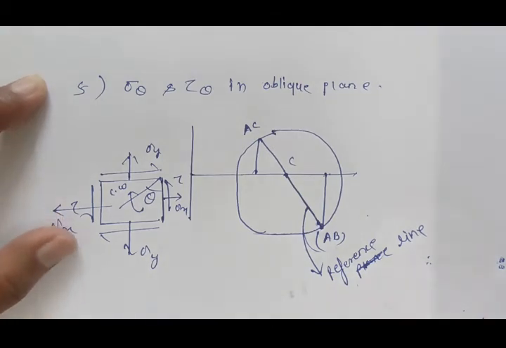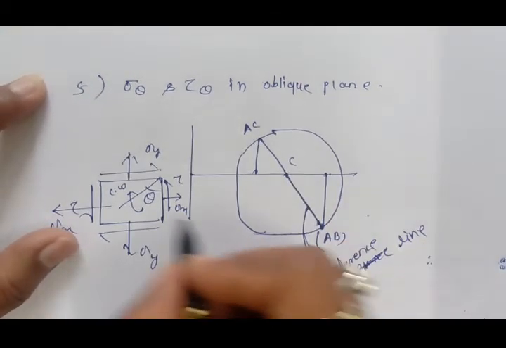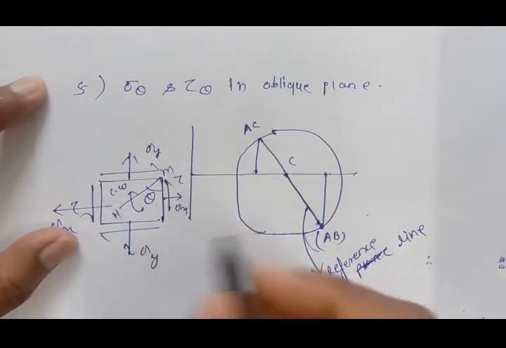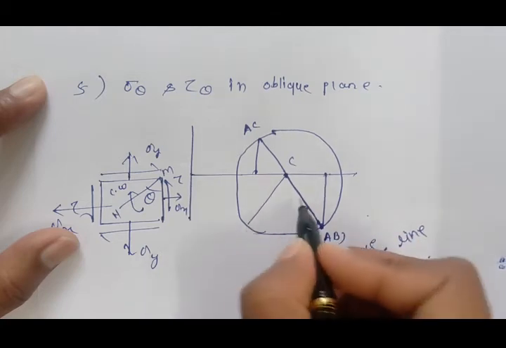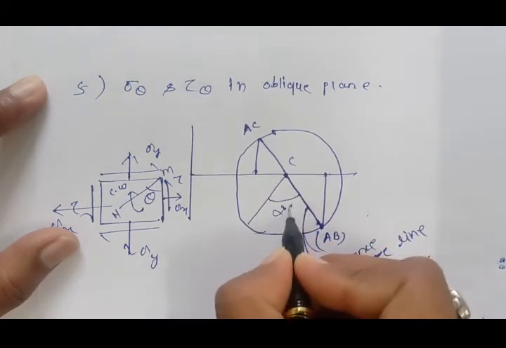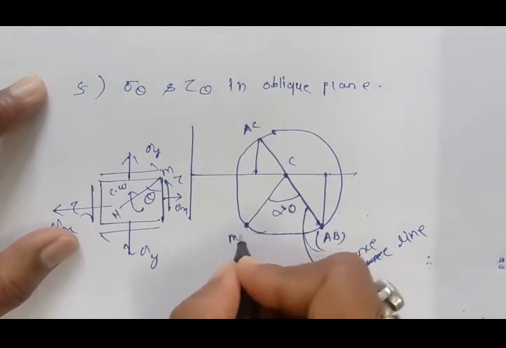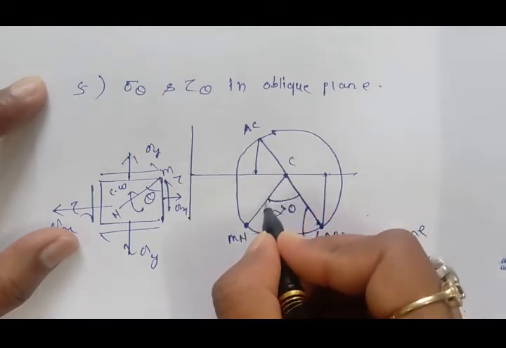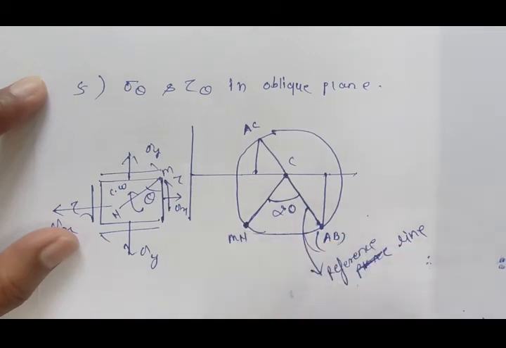From this, there is clockwise movement of this oblique plane mn. So we can draw this 2 theta here, and I am giving this mn plane. So this is our oblique plane, which is at 2 theta in this Mohr circle.